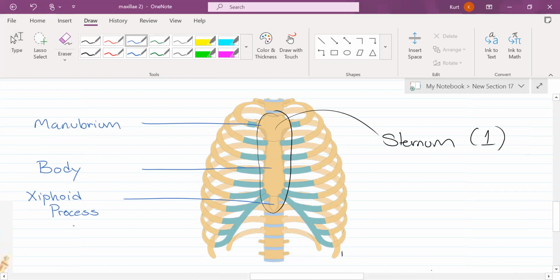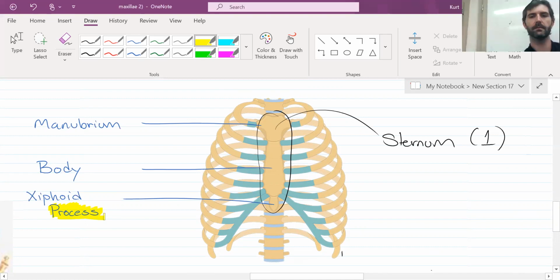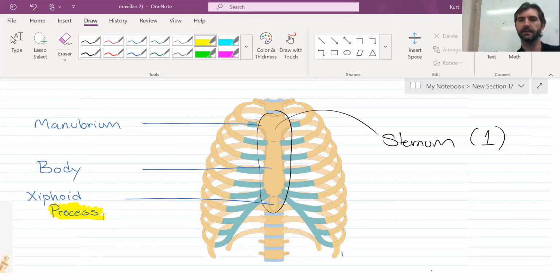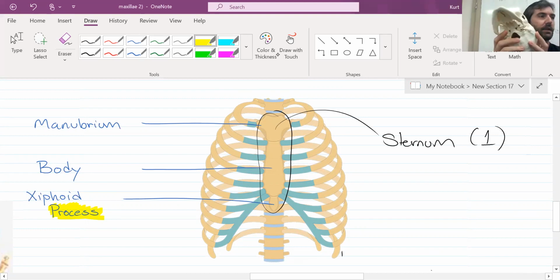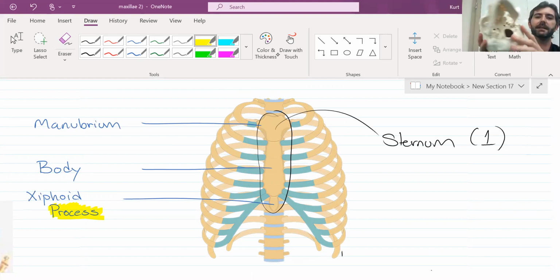Now, it would behoove me to tell you all that next week when we start to go over specific parts of bones, you'll see this word process right here. This is going to be really important. The word process means a bony projection. I'm going to put the camera back on again, and I'm going to hold the skull up here so people at home can see this. These things right here, these are called processes.